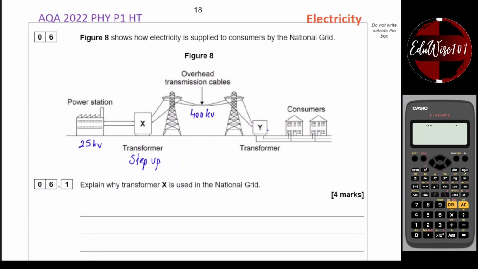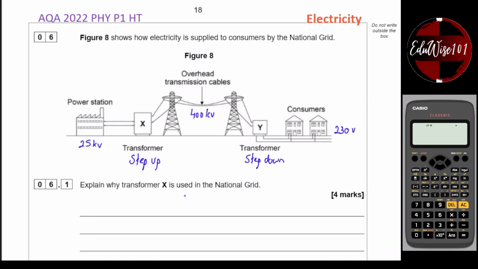And transformer Y is a step-down transformer, right? So for consumers, for typical houses like us, it's about 230 volts.